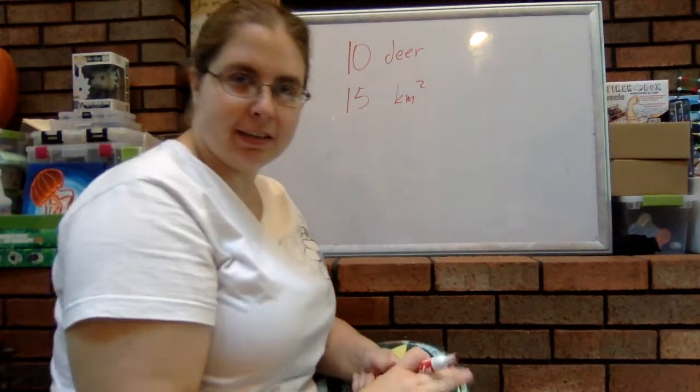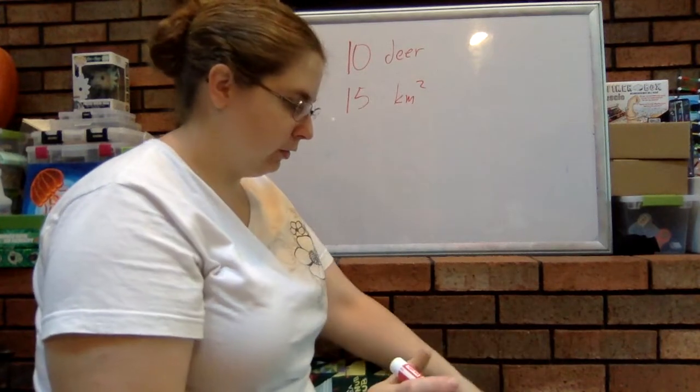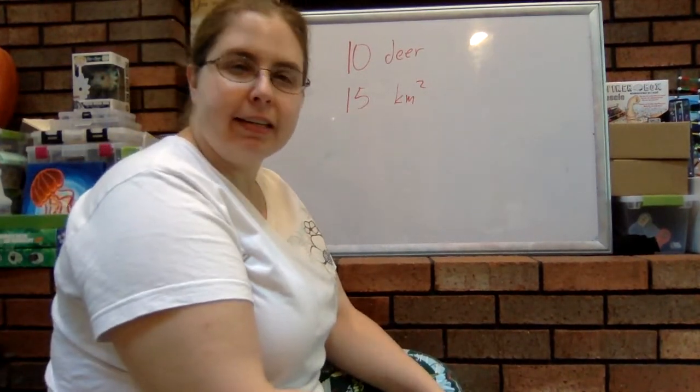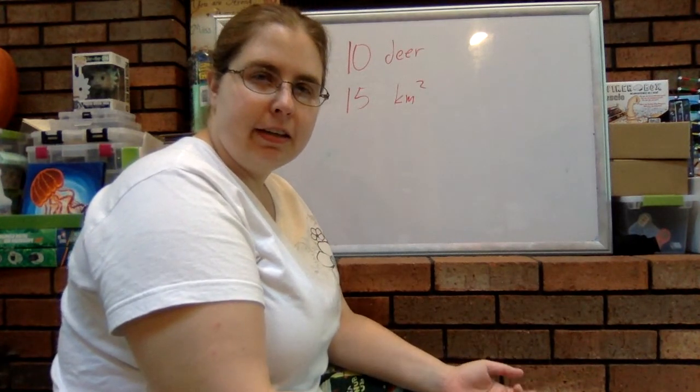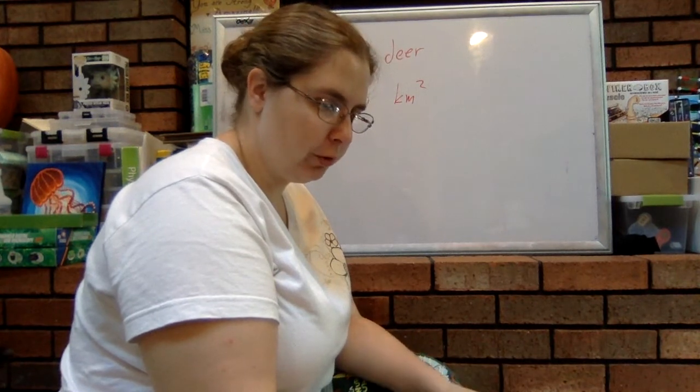Because just like in math class, how you find the area is length times width, so it ends up being a squared number. So we have 10 deer that live in an area of 15 kilometers squared.